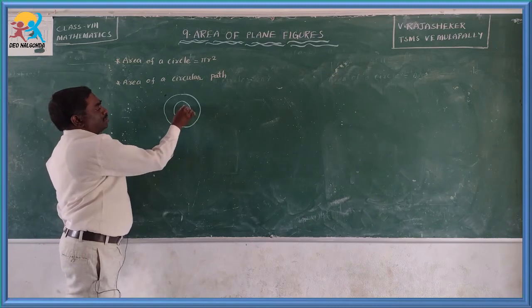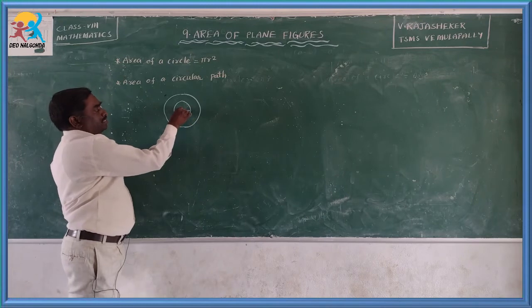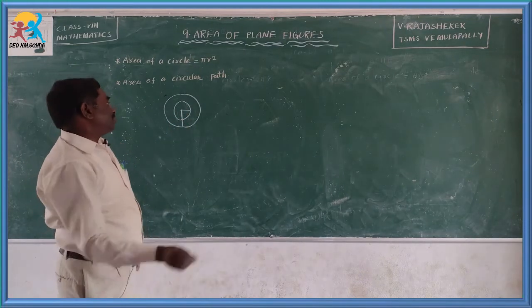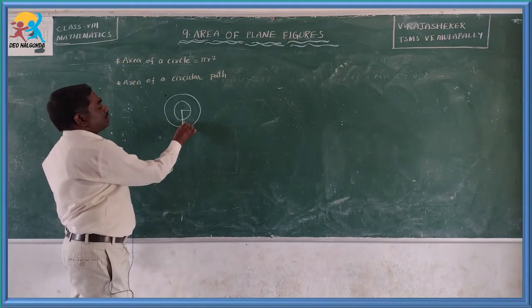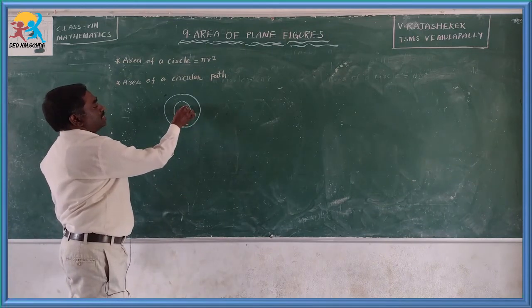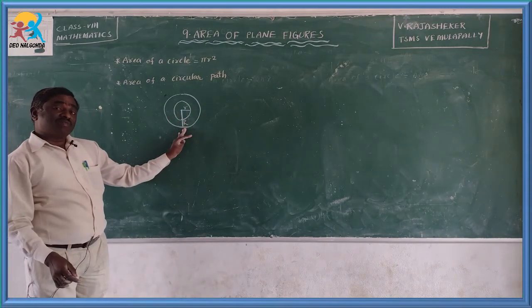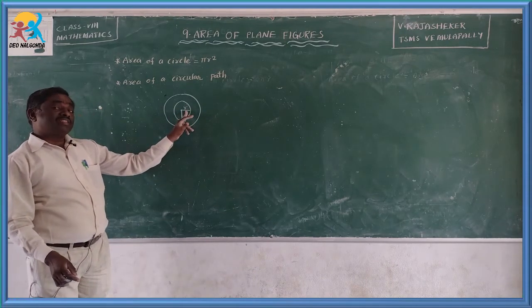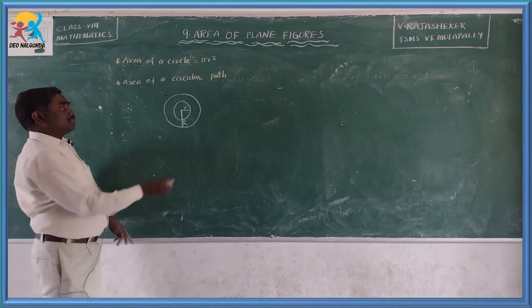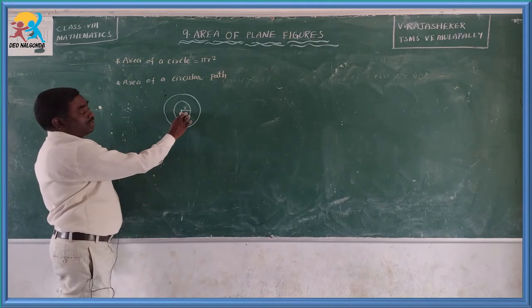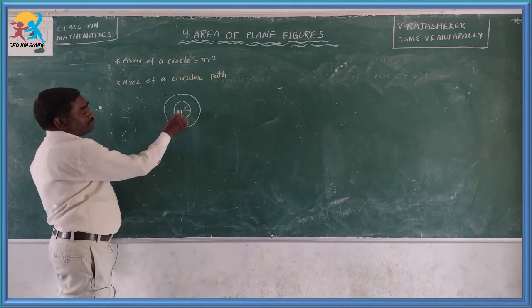Now this is a radius and this one also is a radius, so two types of radius. This is the big circle, its radius is capital R, and the small circle's radius is small r.